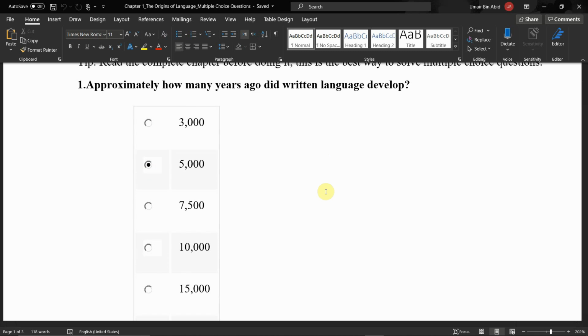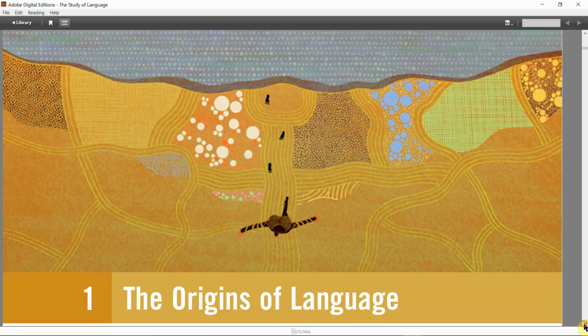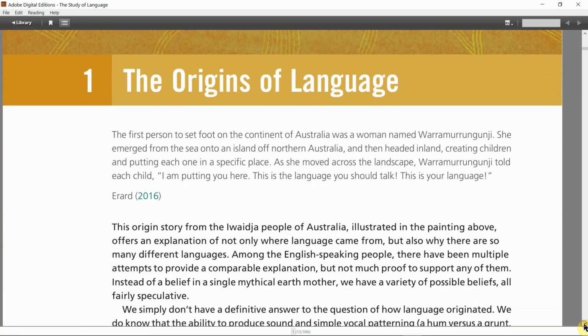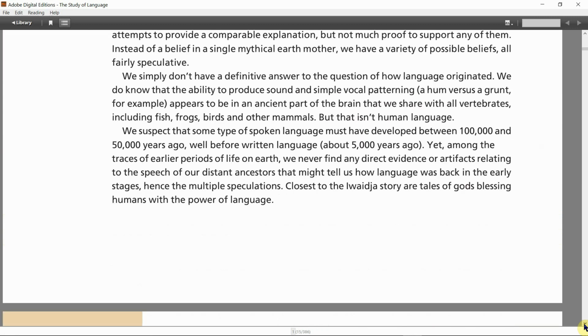Not very similar or very common questions in which it is very easy to point out that this is the right answer. Let me share an example. This is the book, The Origins of Language, from which we are doing some multiple choice questions. I just want to show you a very interesting thing and how a good MCQ is made.